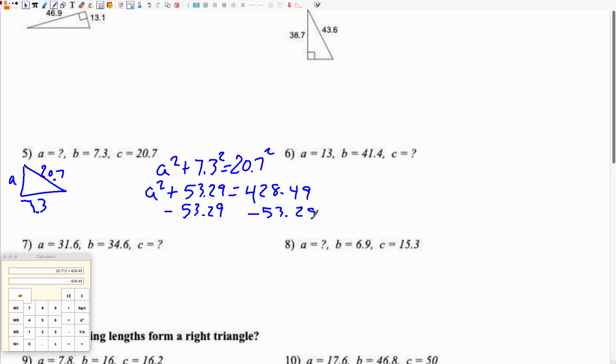So subtract 53.29, 375.2. So A squared equals 375.2. Square root, 19.4. A equals 19.4. That's easy.